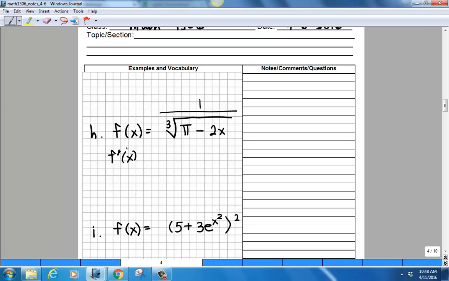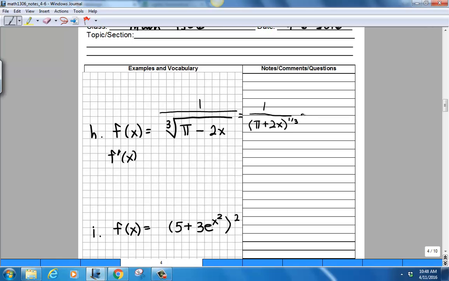So before we do anything else, let's rewrite the formula for f. First thing, let's get rid of the cube root. How can you rewrite that cube root as an exponent? That's to the third power, right? So you would have 1 over pi plus 2x to the 1/3 power. Now that's in a denominator, though, so I'd like to get that out of my denominator.